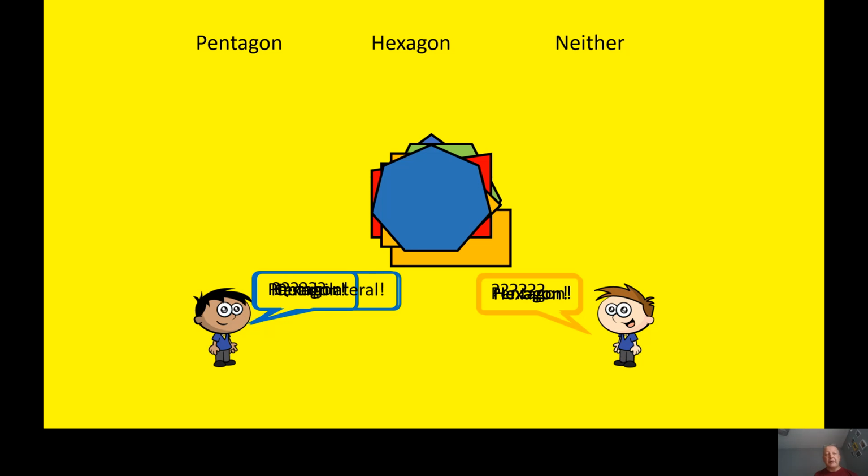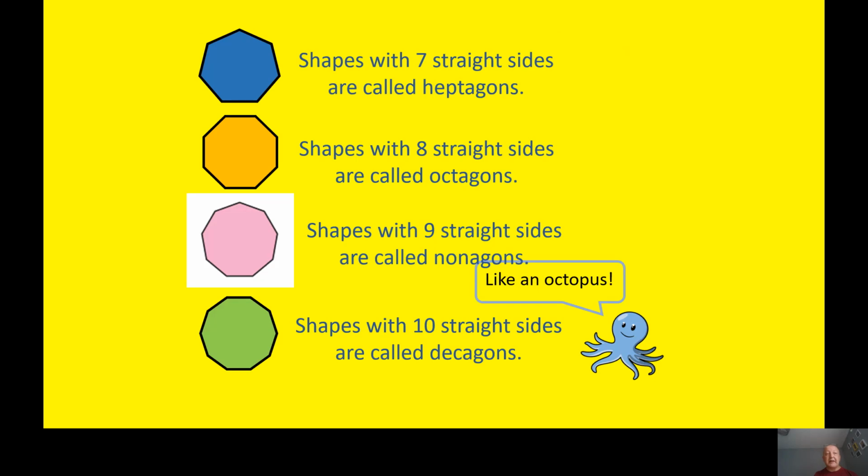Ooh, 1, 2, 3, 4, 5, 6, 7. Can you remember the name of a 7-sided shape? Have a think. We have talked about it before, and in fact, if we go to the next slide, we'll remind ourselves. A 7-sided shape is a heptagon.